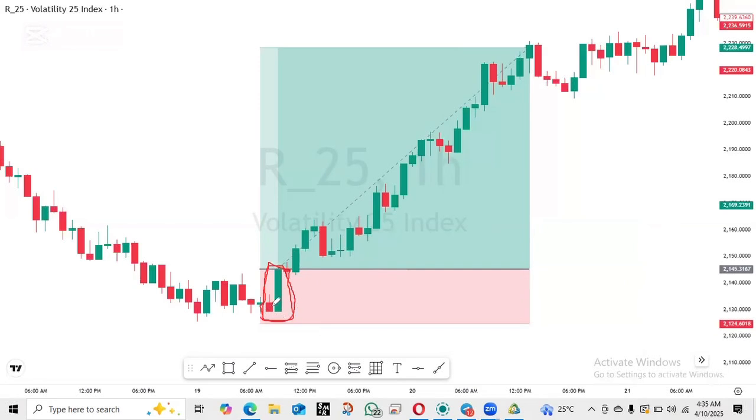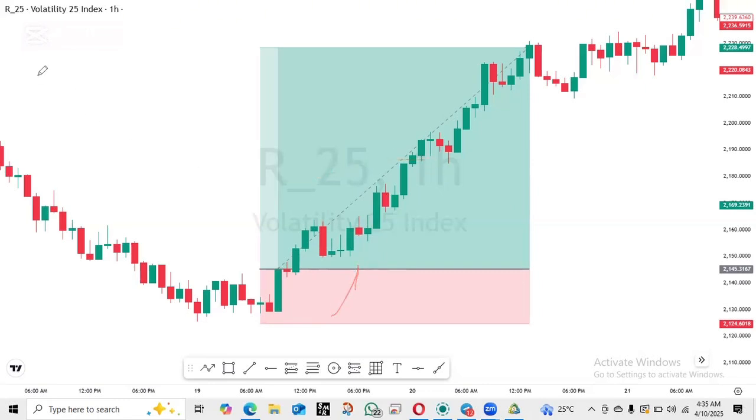You can see that. Now, once you see this, what do you do? At the close of the bullish engulfing candlestick, that is where you want to take your buy. Then below both candles here, that's where you want to place your stop loss. Now, what is your target? You want to target not less than a 1:2 risk reward ratio. Your target must be 2 times your stop loss.